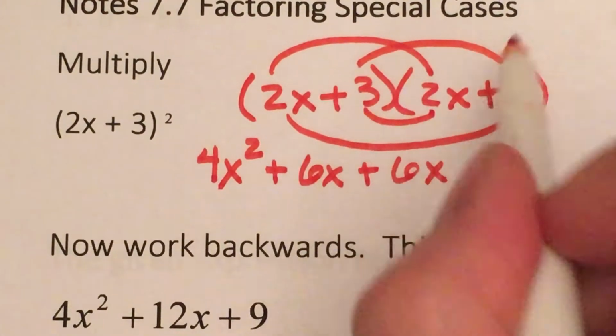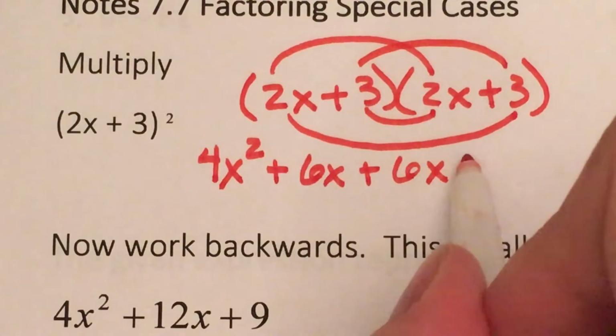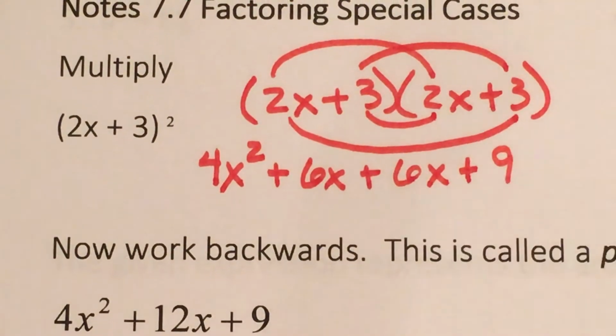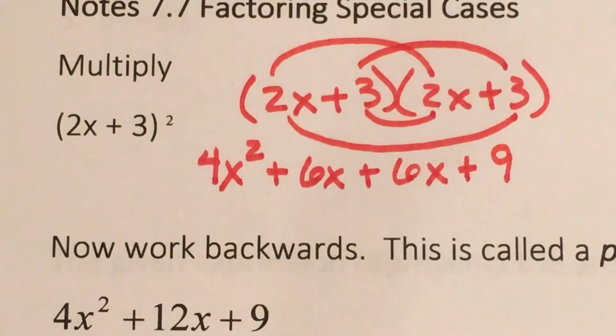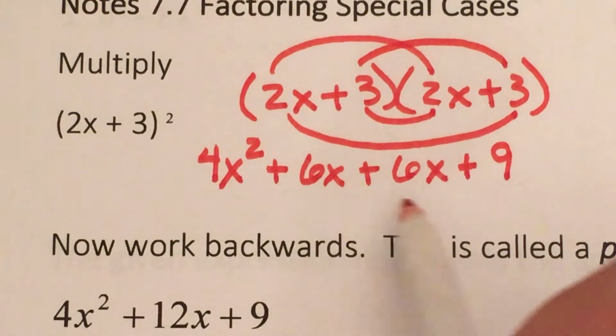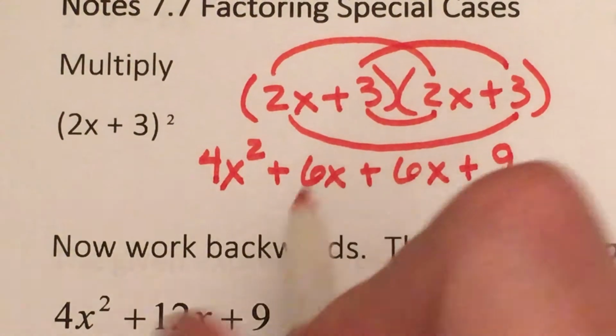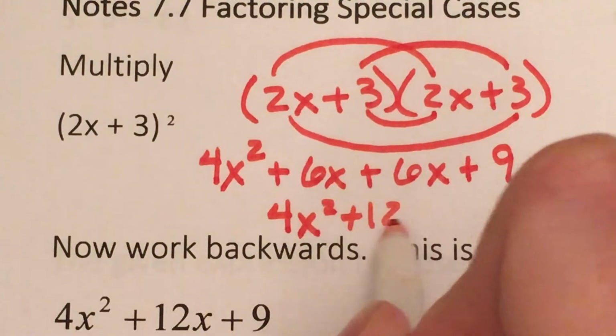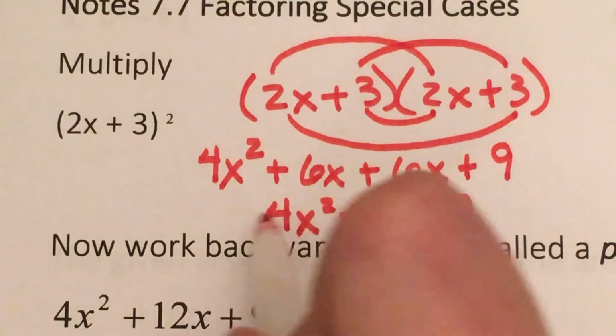And then last, a positive times a positive is a positive. 3 times 3 is 9. And after we did this, we remember that we have to combine like terms that are here in the middle, and we walk away with 4x squared plus 12x plus 9.